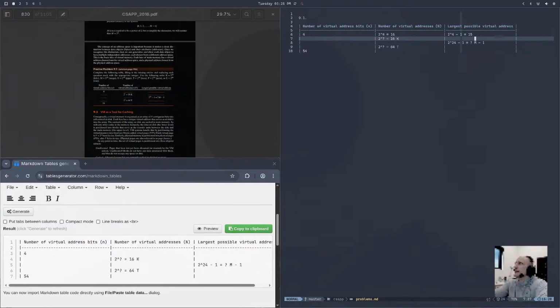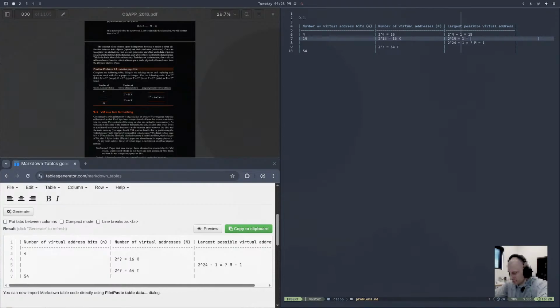Okay, so we have 16k, so it's going to be 14 here, which means we'll have 14 bits. This would be 2 to the power of 14 minus 1 is equal to, why did I say m?